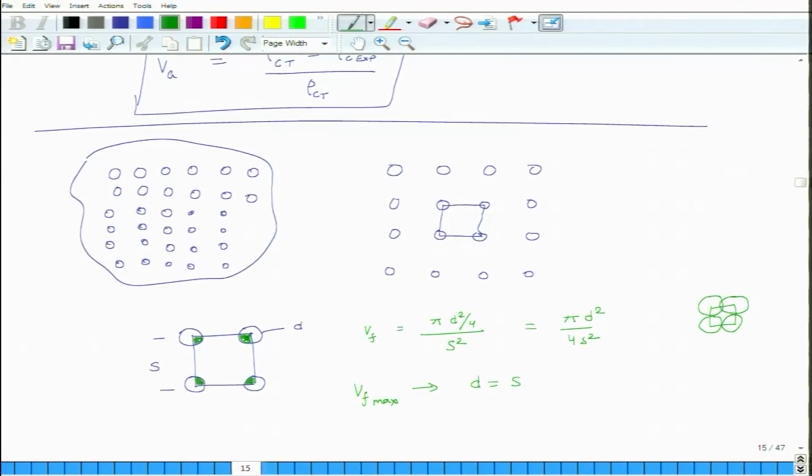Okay. So, in that case Vf max equals pi over 4, and that equals 78.5%. So, if you arrange the fibers in this kind of a configuration, this is the maximum possible volume fraction of fibers you can get.